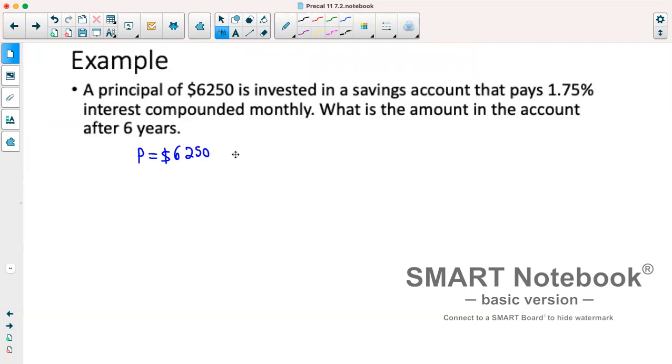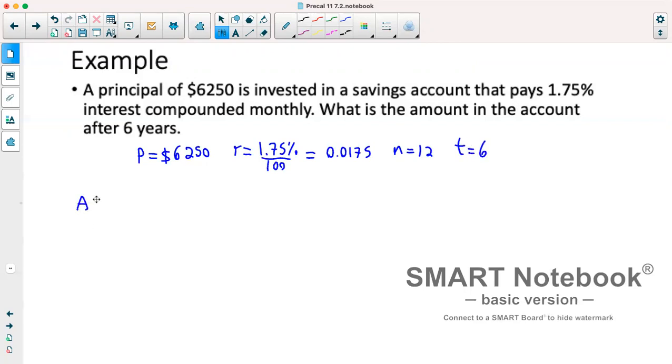We have a rate of 1.75%, but we want to change that to a decimal. So we'll divide by 100. So that's 0.0175. It's compounded monthly, so that's 12 times a year. And our time is 6 years.